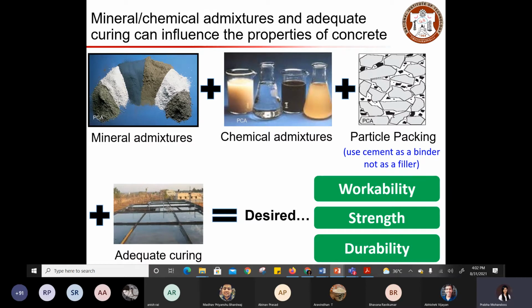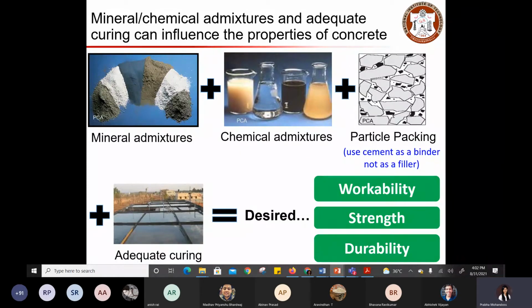So when we design a good quality concrete, these are the primary things that we look for. We need to obtain good workable concrete, with good strength, and we need to design it for longer durability. To obtain all these things, you need to use adequate admixtures and the required particle packing. Particle packing is packing all the materials efficiently in such a way that you can reduce the pores in the concrete as much as possible.